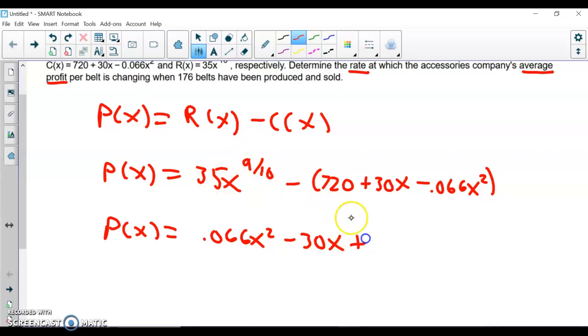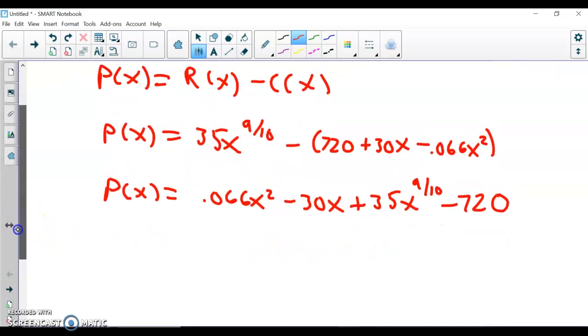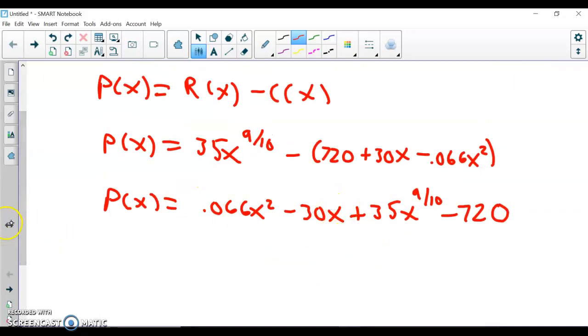This term's a positive term since it's out front, 35x to the 9/10, and then we get the minus 720. Let me just double check. We should have 1, 2, 3, 4 terms. Okay, good. Again, if you don't have it in this order, it's not going to matter, but this is the order I'm using. Okay, so this is the profit function.